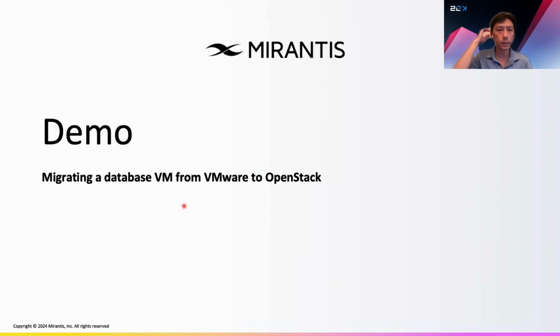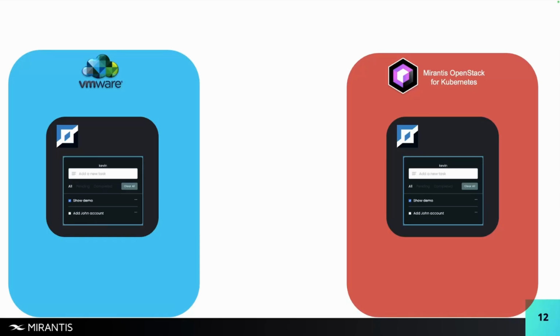Now, talking about the demo setup, what we're going to be looking at is essentially migrating a database over from VMware to OpenStack. The setup is pretty straightforward. We have two environments, one VMware environment and one OpenStack environment. We have a Kubernetes distribution, a k0s distribution, on both of these environments, running a very simple to-do app called Tasky. All it does is act as a to-do list, and it's going to be identical on both sides.